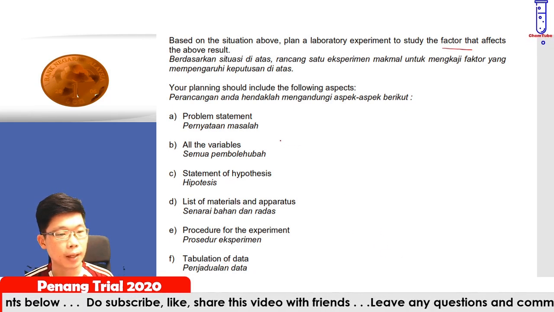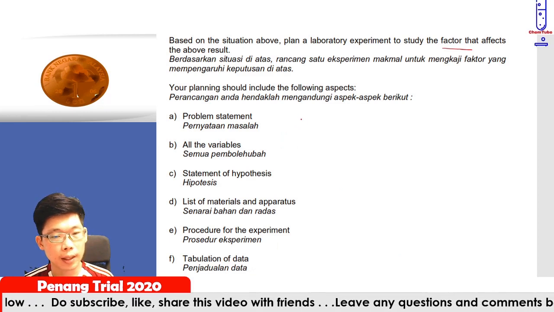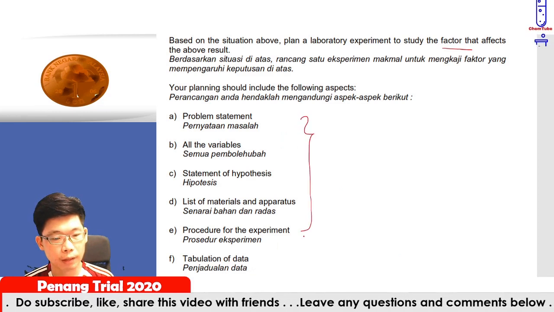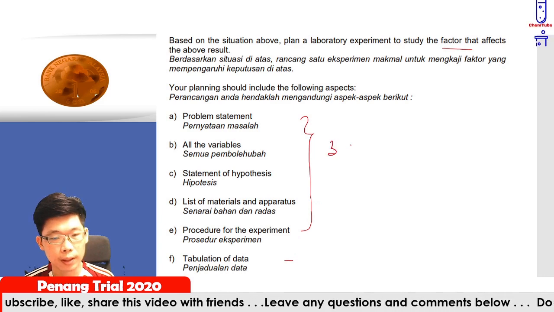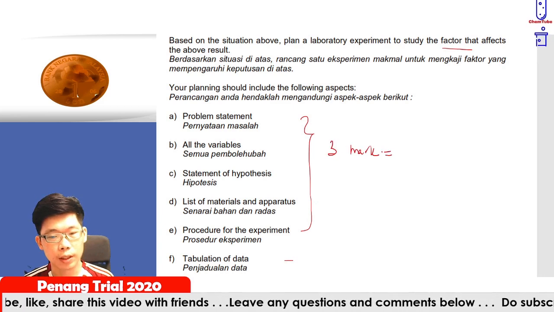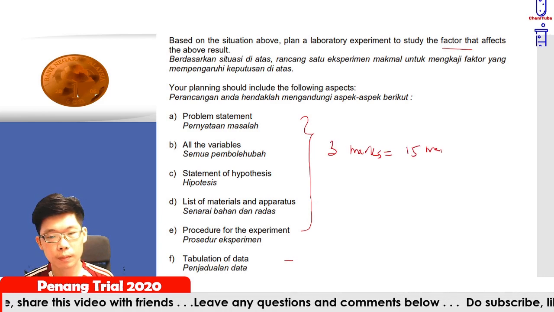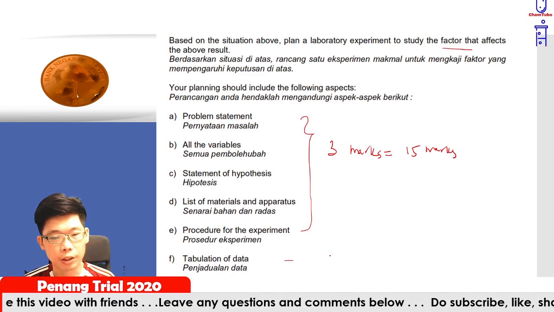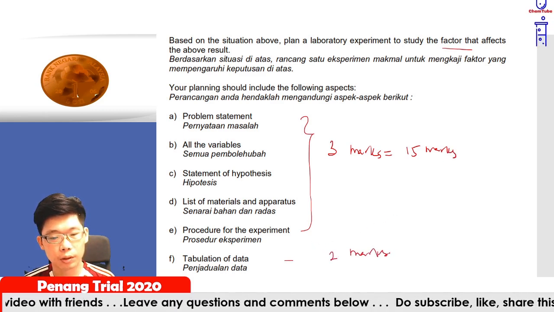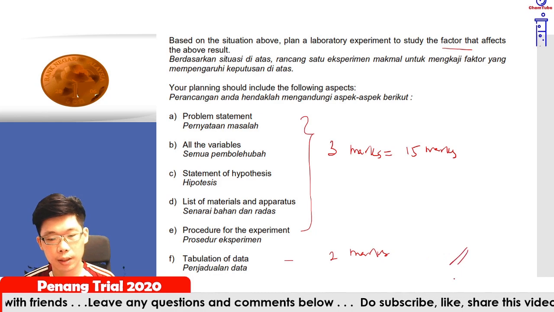So 17 marks. These are all 3 marks each, then finally this one 3 marks, so total is 15. And tabulation of data is 2 marks. So total is 17.